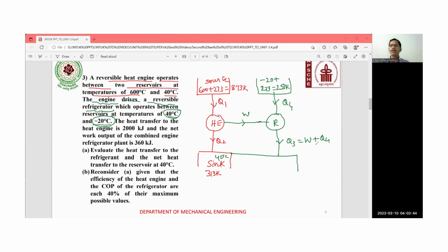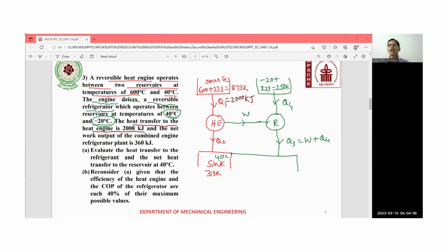Now try to observe another parameter. The heat transfer to the heat engine is 2000 kilojoules. So it is a combination problem, a combination of heat engine with refrigerator.